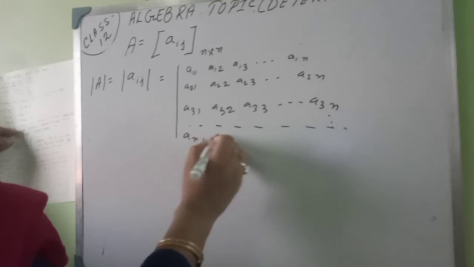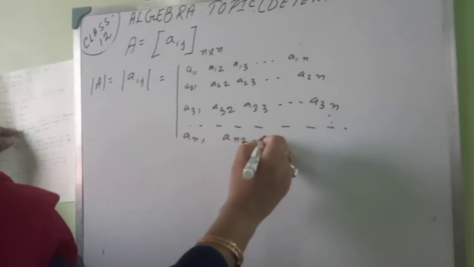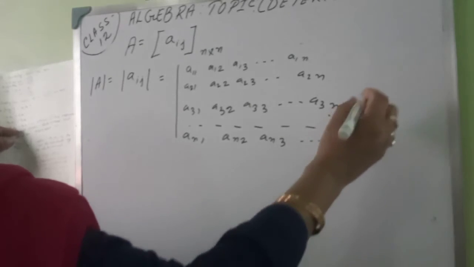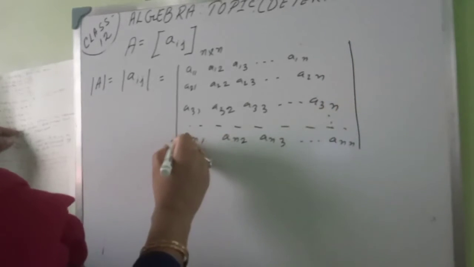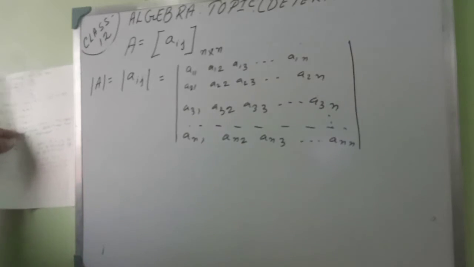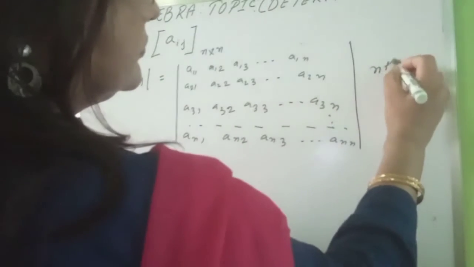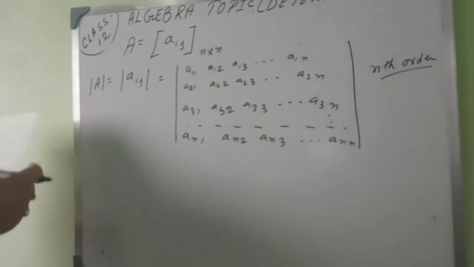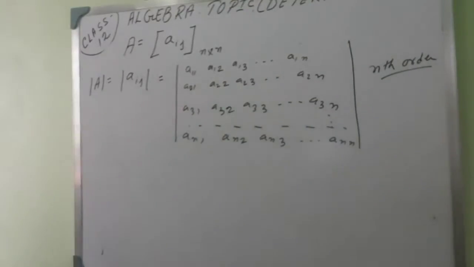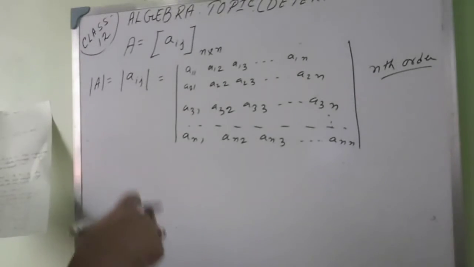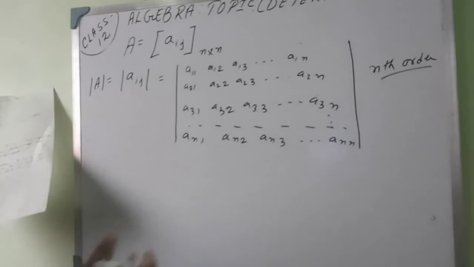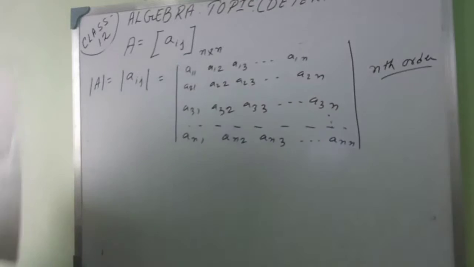It will be an1, an2, an3, ann. Okay, so this is the nth order determinant. This also can be written in this way. So what can we say now? We can say the determinant is an expression which is associated with a square matrix of order n by n, which can be written in this way.